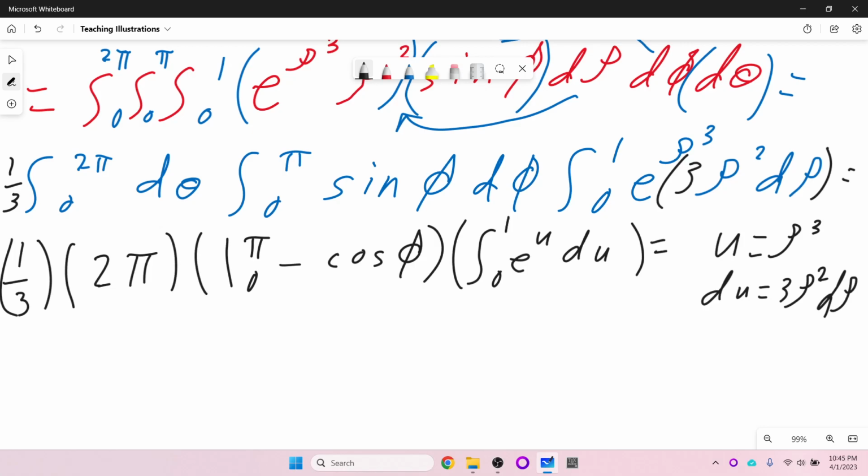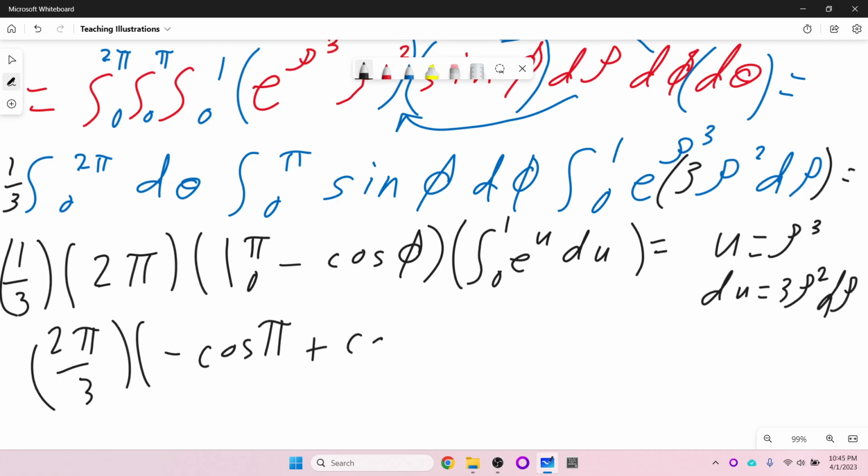So that becomes 2 pi over 3 times negative cosine phi minus negative, so plus cosine 0, times the integral from 0 to 1 of e to the u.